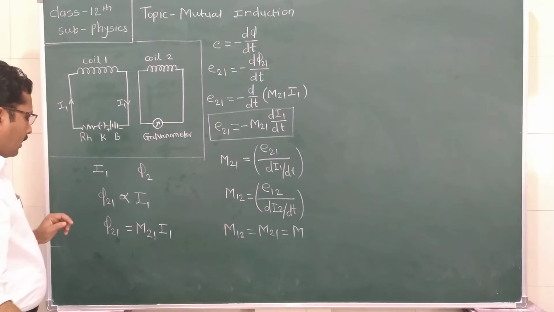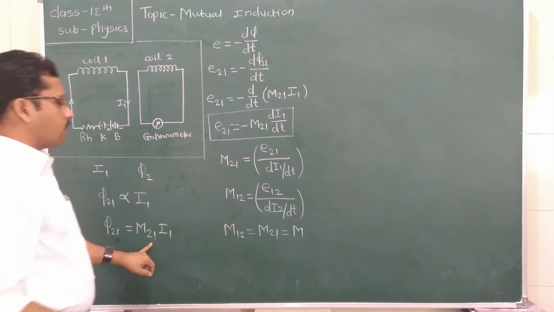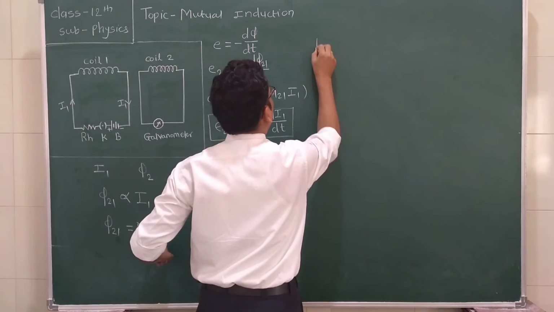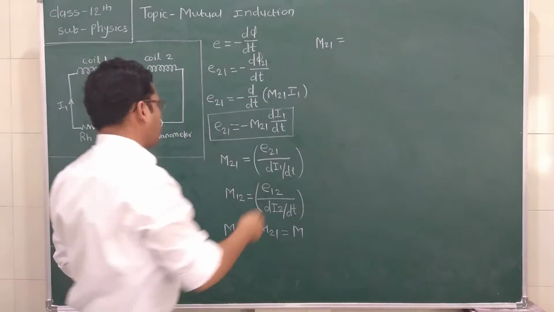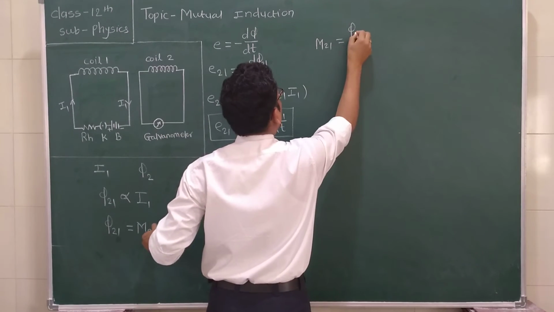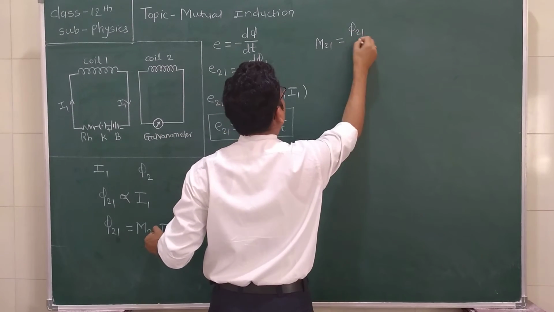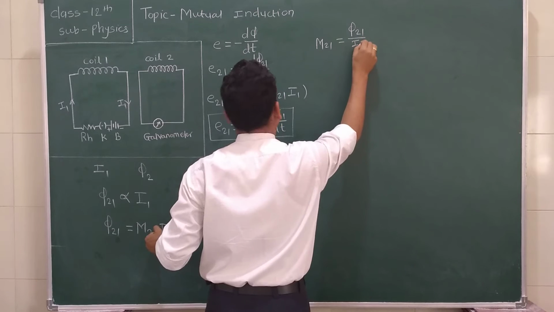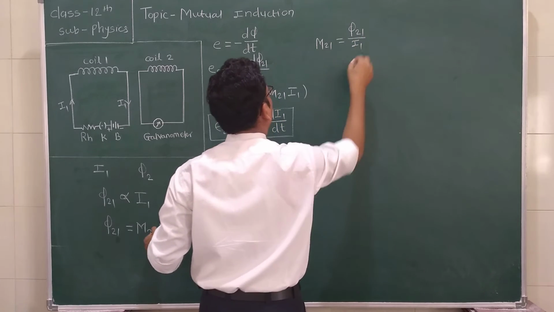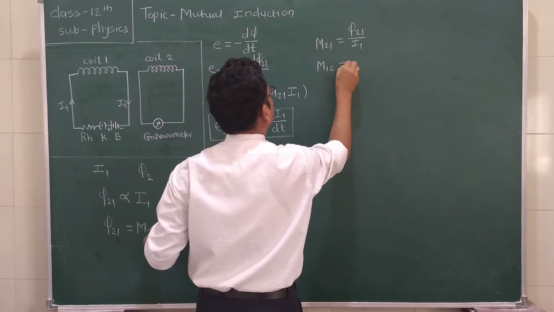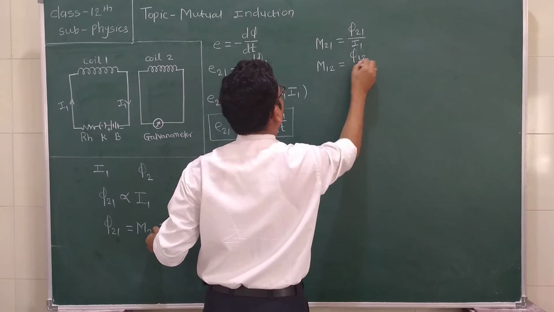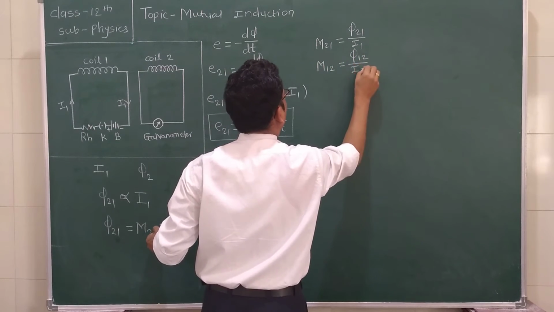Now we know that M21 is equal to phi 21 divided by I1, and similarly we can write M12 is equal to phi 12 divided by I2.